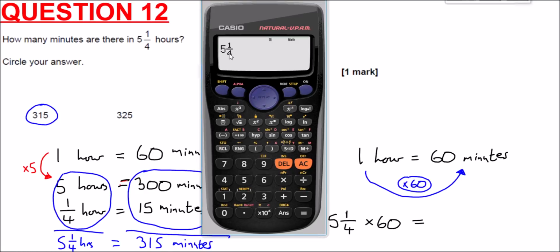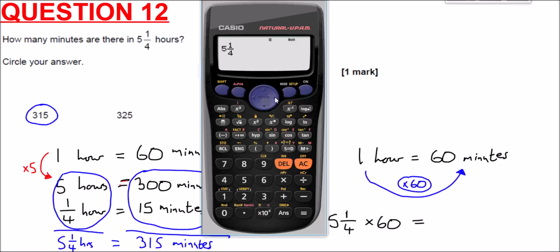That is not how you type in a mixed number, although I can understand the temptation. What you'll need to do to type in a mixed number directly into your calculator is to press Shift and the fraction button. You should have this symbol with 3 boxes coming up. The whole number goes into the first box, and the fraction part of a mixed number goes into the other 2 boxes.